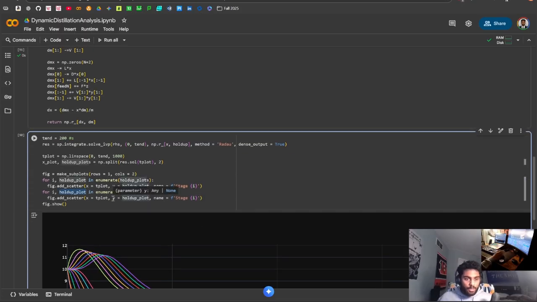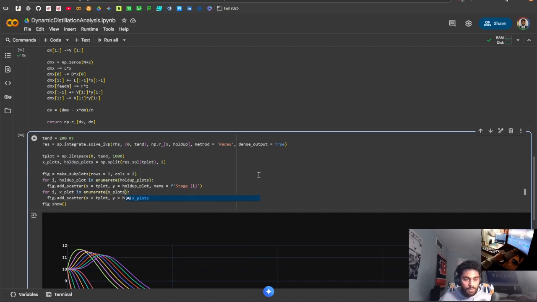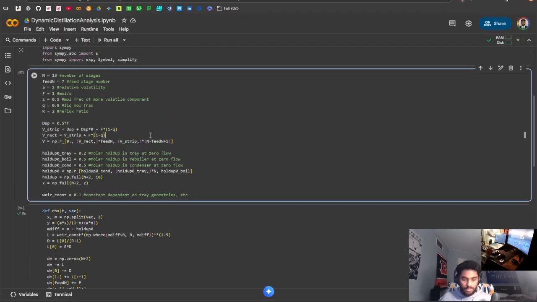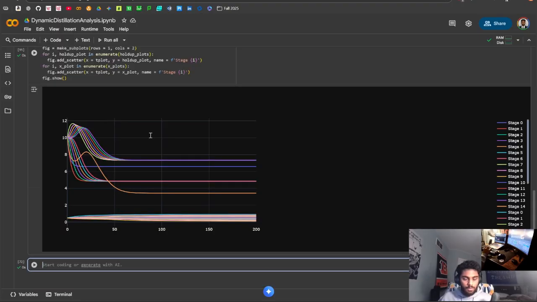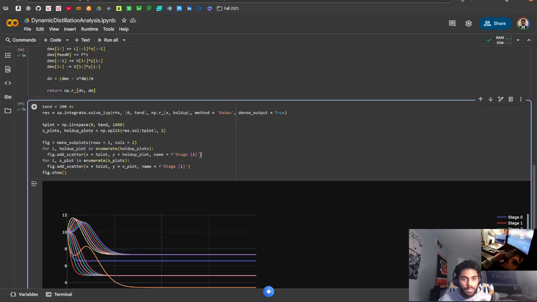And now we're going to go X plot and X plots. So our X is still T plot, our Y is now going to be X plot. Let's give it a run. I think I need to specify where I want this.